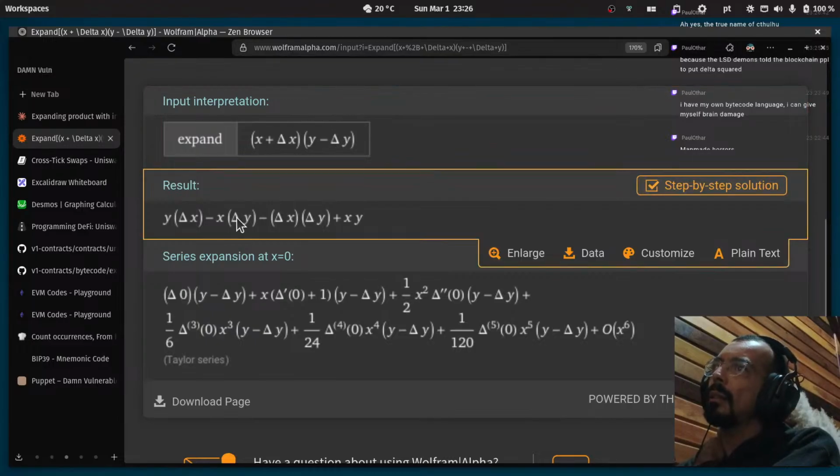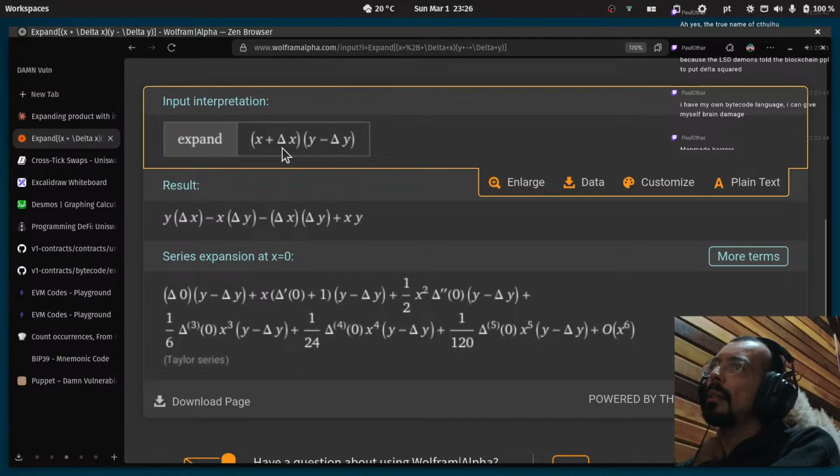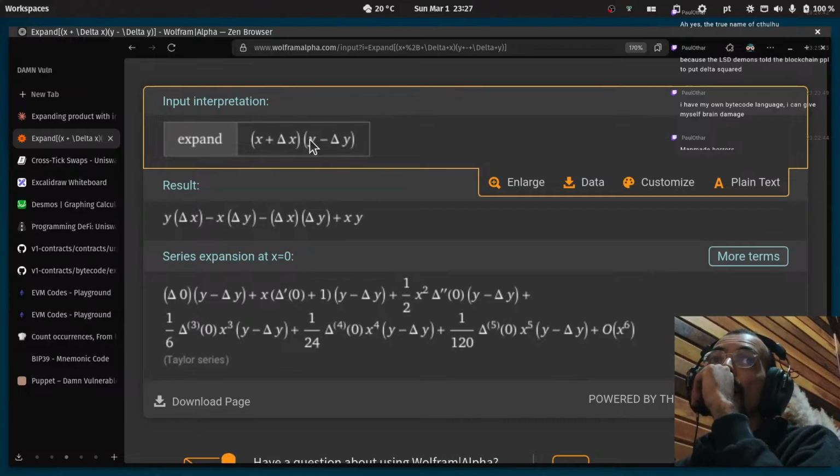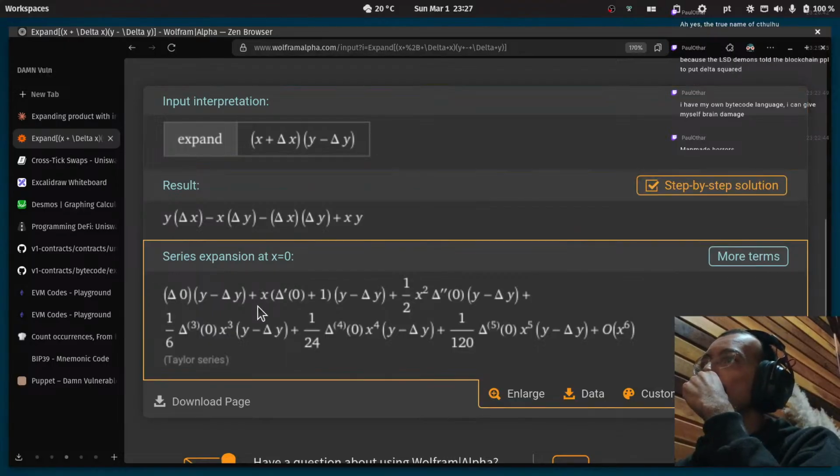Yeah, this is here, and then this. I don't remember. Oh yeah, it's the true name of, I don't know how to spell that, Chulu. Series of expansion and x0.